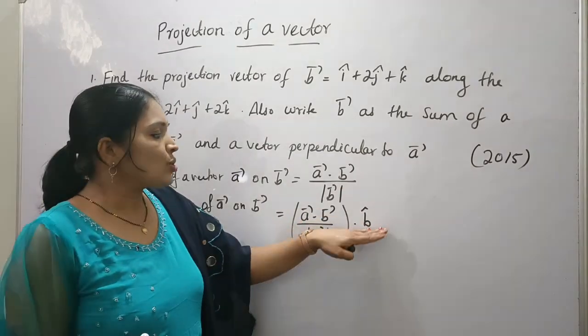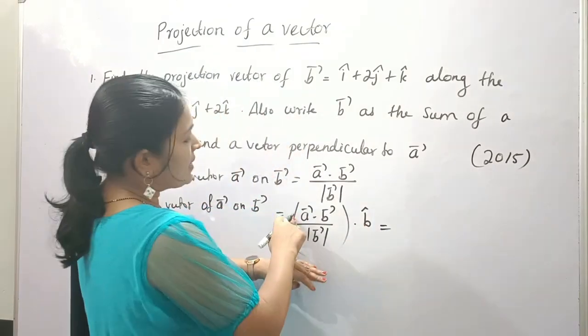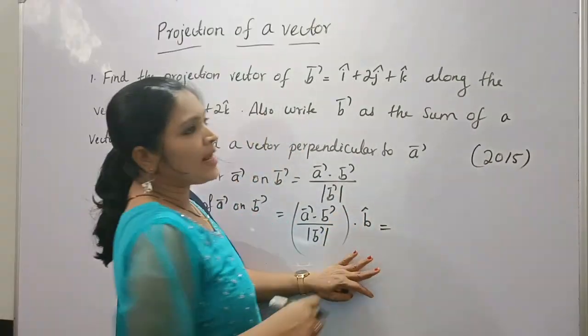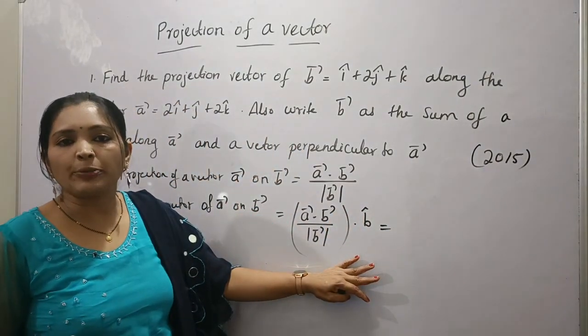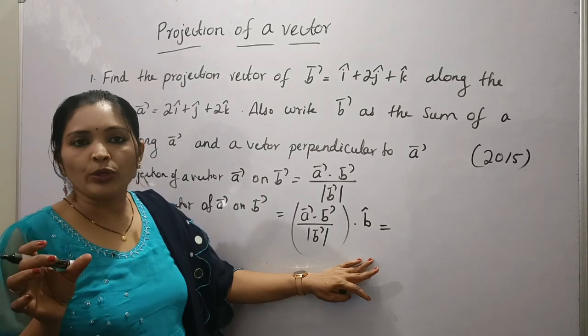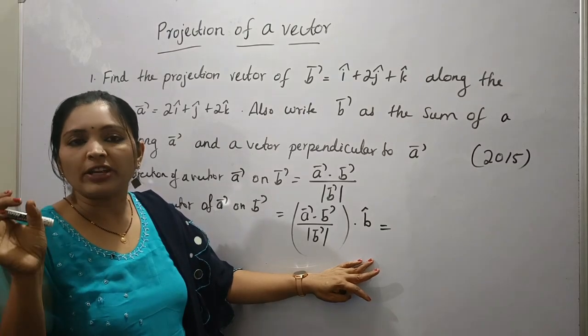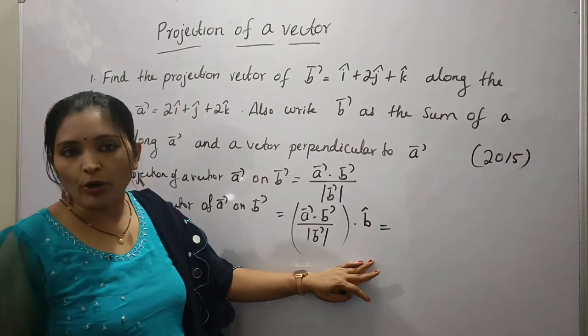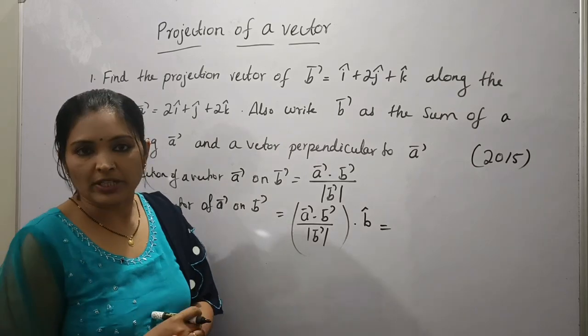Okay, so here we can write it as, see, B cap is nothing but vector B divided by magnitude, right? That is unit vector is nothing but that vector divided by its modulus, that is the unit vector, right?